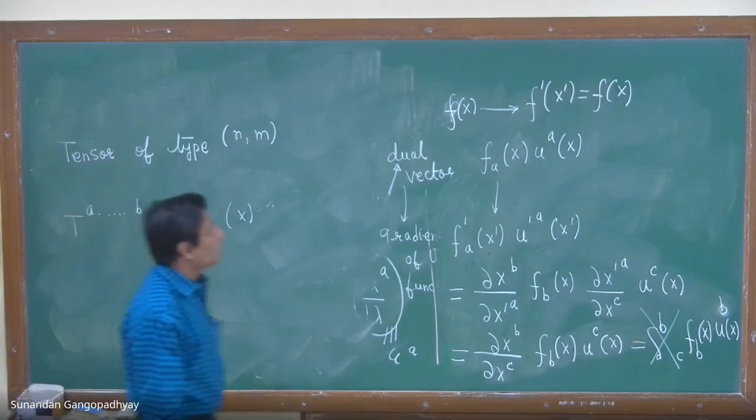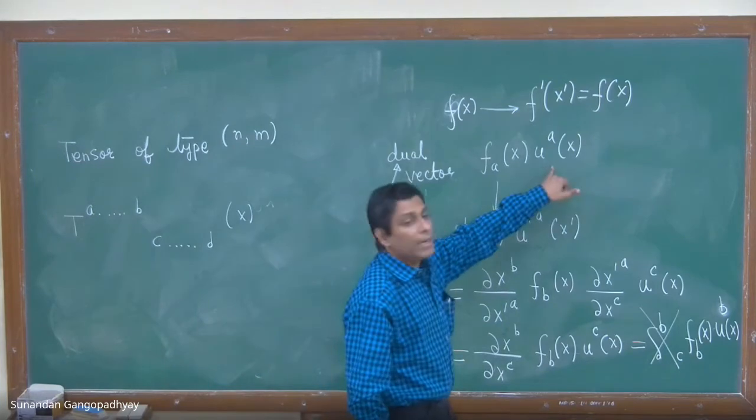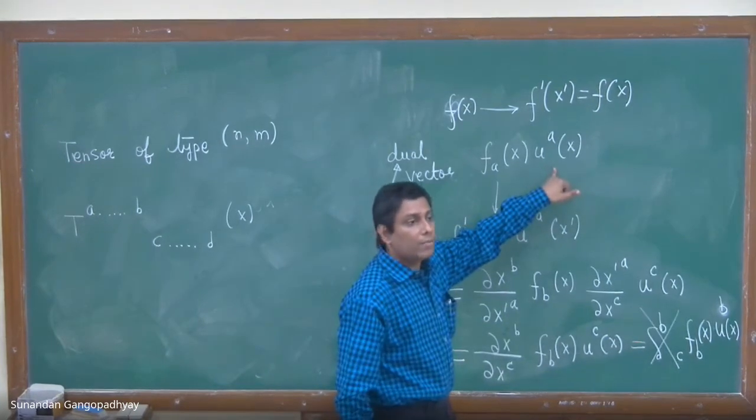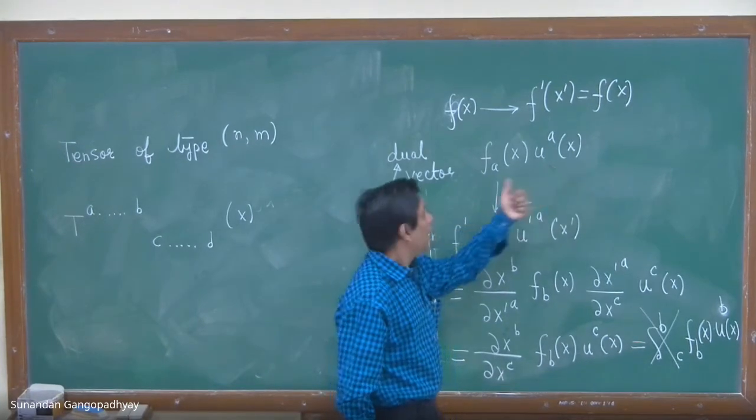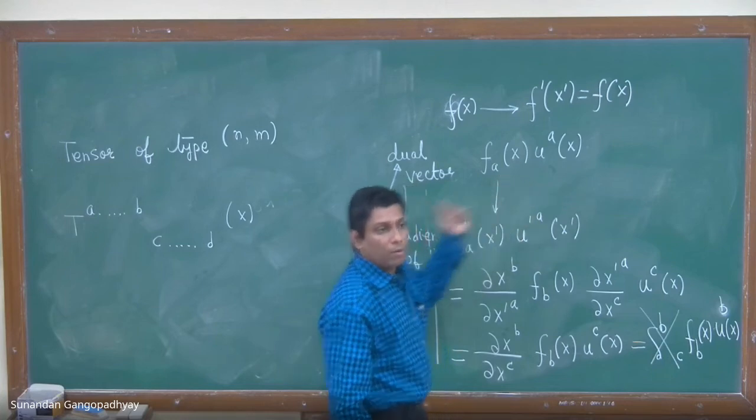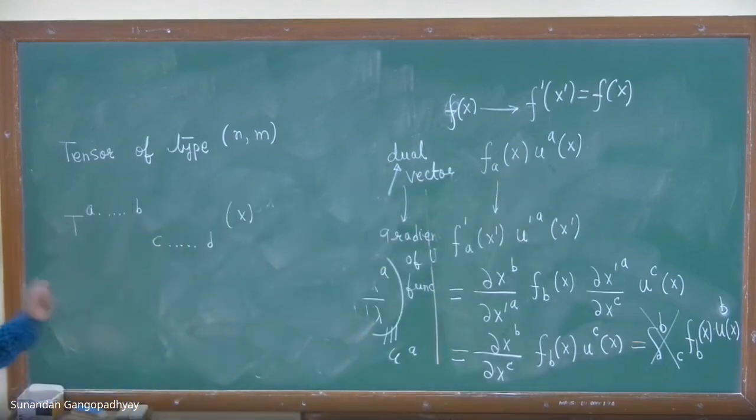So what was this u a? What kind of a tensor is it? It is a tensor of type 1, 0. And what is this one? Tensor of type 0, 1. Okay, a contravariant vector is a tensor of type 1, 0. Covariant is a tensor of type 0, 1. Now, why tensor?